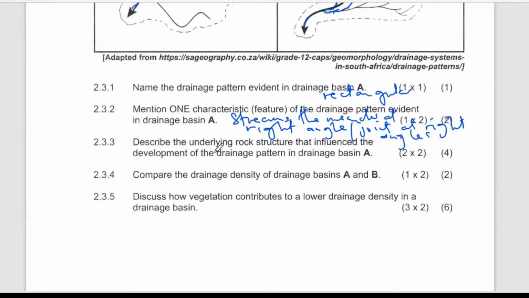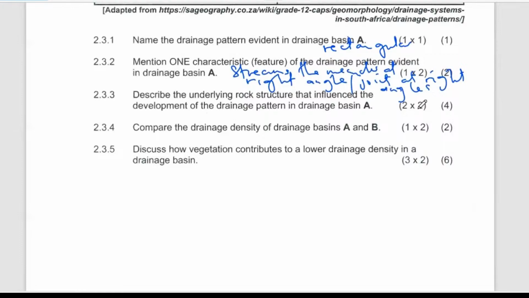Describe the underlying rock structure that influences development of the drainage pattern A. We've talked about that. It develops where we have jointed or cracked rocks underneath. Right. So the rocks are jointed or they are cracked, and as such, streams follow the joints or the cracks.